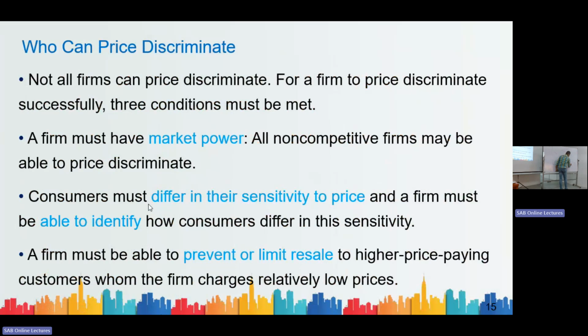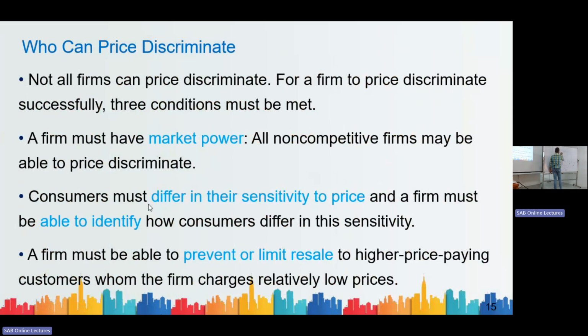When price increases by a very small amount, the number of seats demanded by economy class people will go down sharply. But that is not happening in the business class.